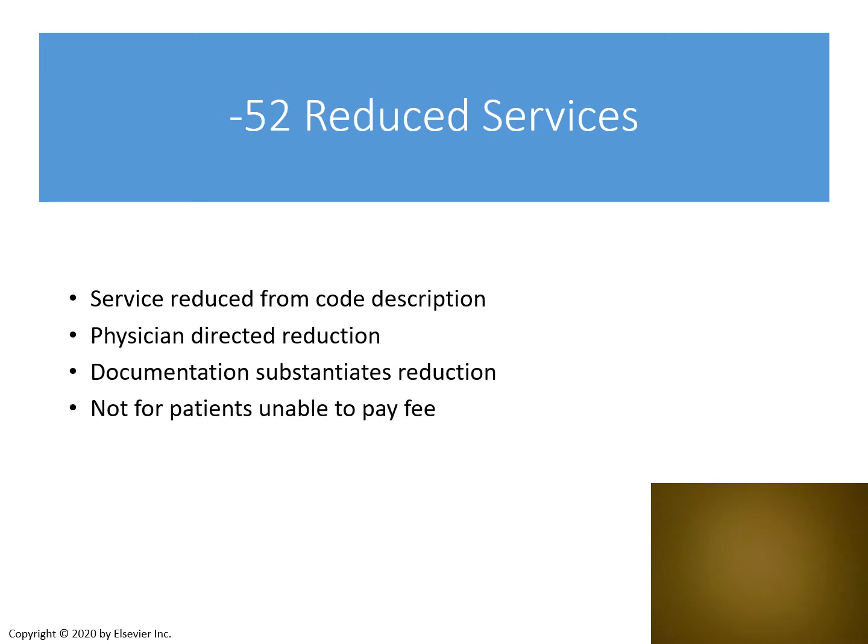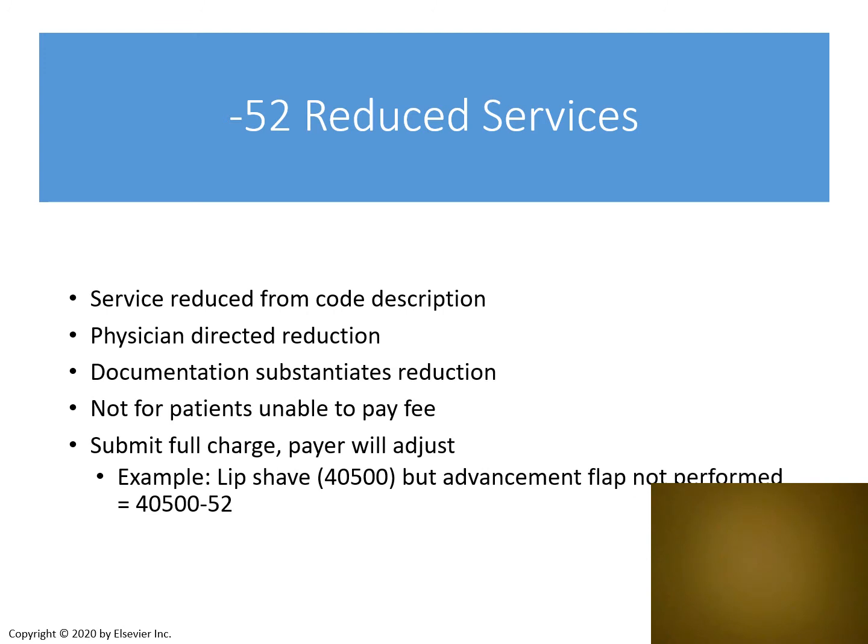We cannot use reduced services for a patient that's unable to pay a fee. We submit the full charge and the payer is going to adjust the dollar amount. An example, a lip shave, but advancement flap was not performed. So you put your code and your 52 modifier.